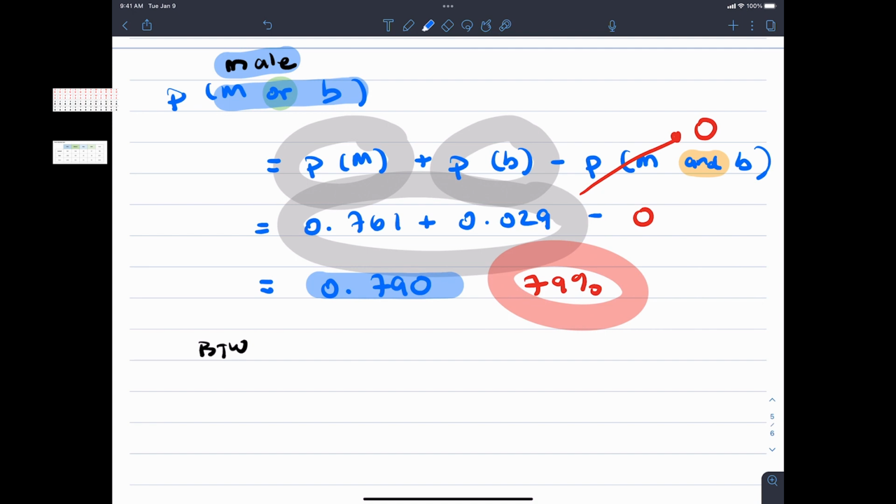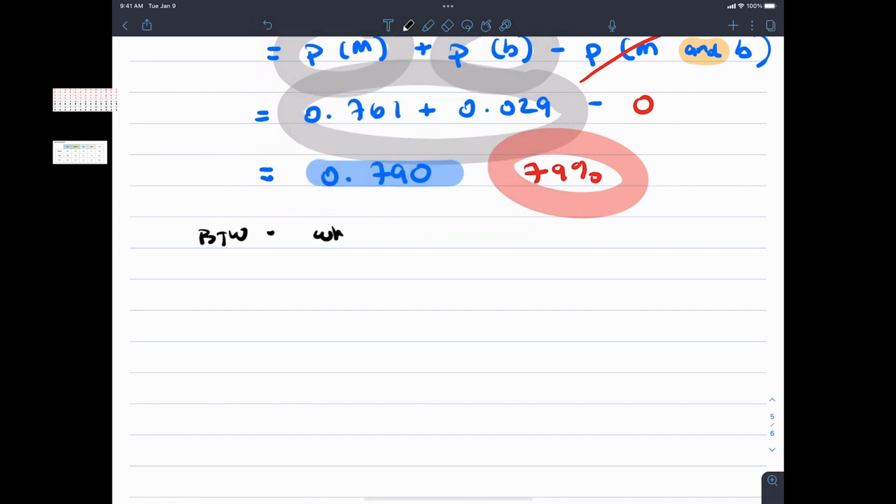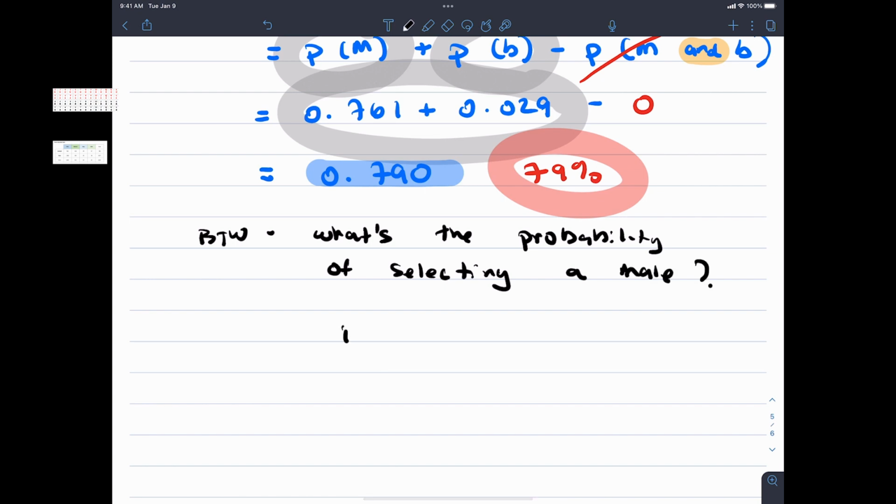So they might even ask you, hey, what's the probability of selecting a male? You already know the answer because that means you're a man or a boy. And that equals 0.790 to the nearest thousandth.